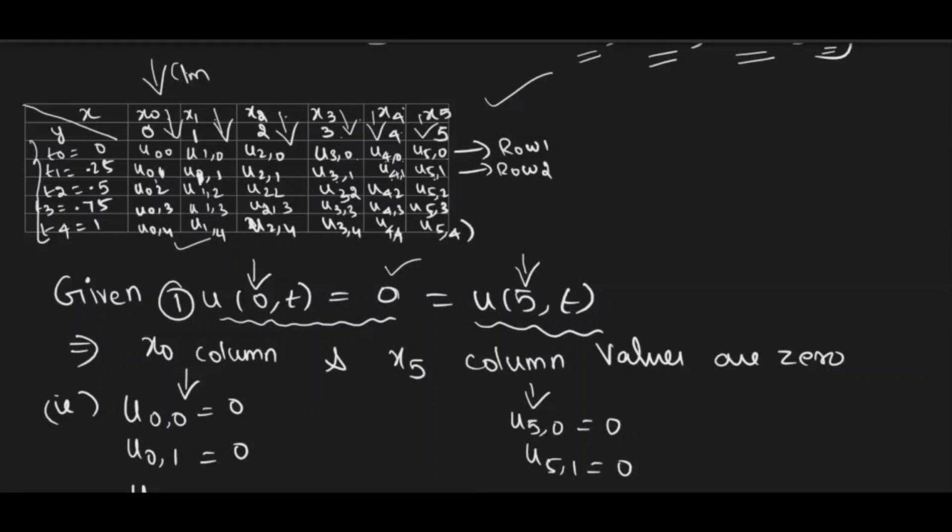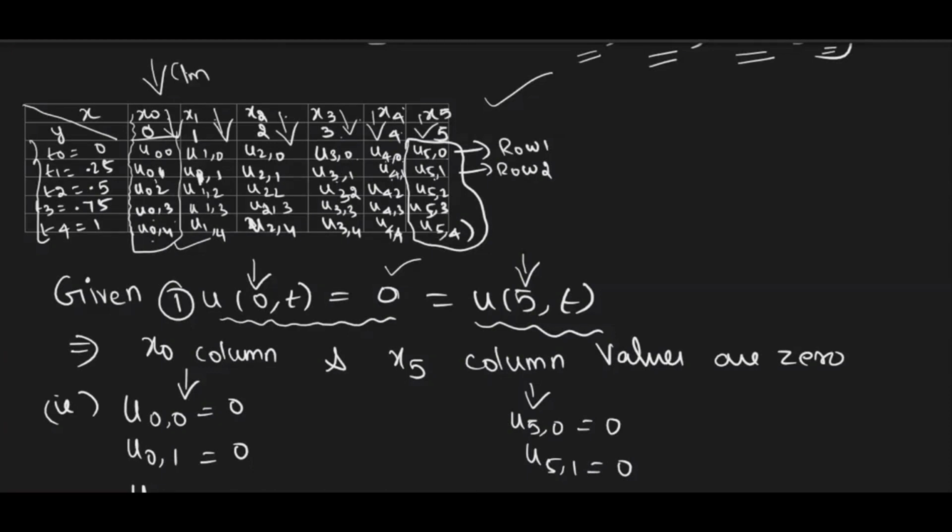So it means the entire x0 column is going to become 0, because this is U0,0, U0,1, U0,2, U0,3, U0,4. This entire thing will become 0. Similarly, what is the last column? X is 5, right? U5,0, U5,1, U5,2, U5,3, U5,4. You can see I am mapping it.